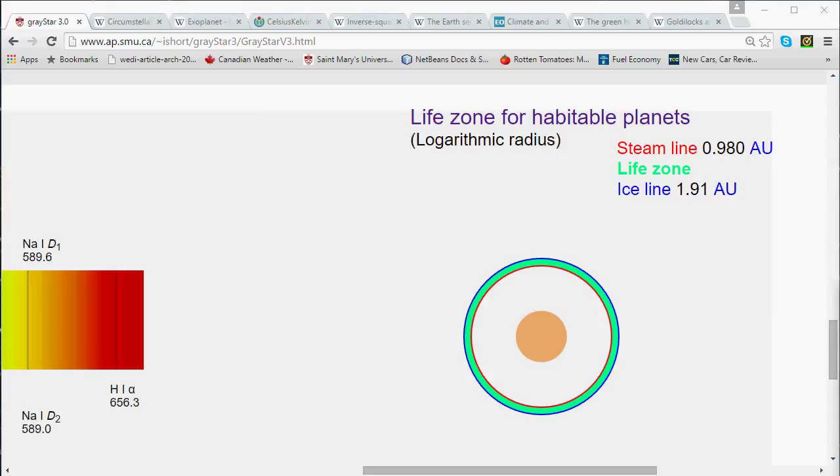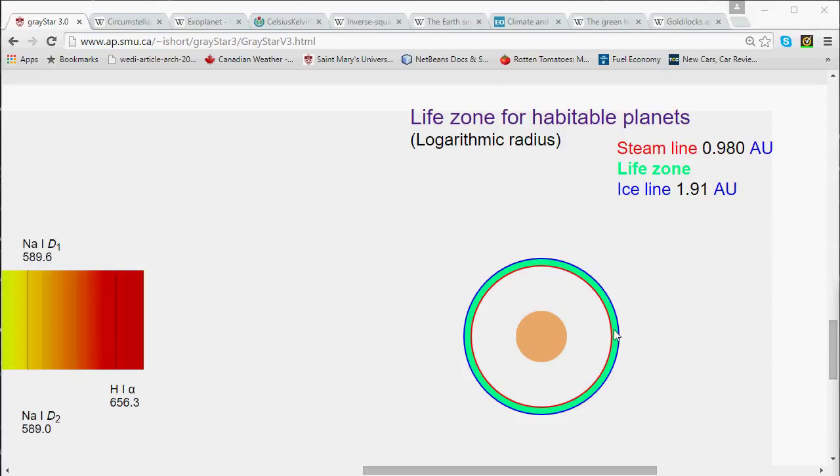So the circumstellar habitable zone will lie in between these two lines, the steam line and the ice line, and the habitable zone here is depicted in green. So in that zone, the planet's surface temperature will be between the boiling point and the freezing point of water.